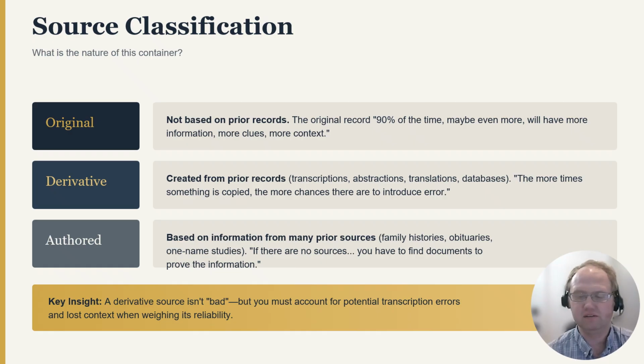A derivative source isn't bad per se, but you have to be mindful and account for potential transcription errors and lost context, particularly if somebody copying older handwriting might not be familiar with it. Handwriting changes over time. Somebody trying to copy something written two centuries prior, even in the 1800s, might not be able to read it well.